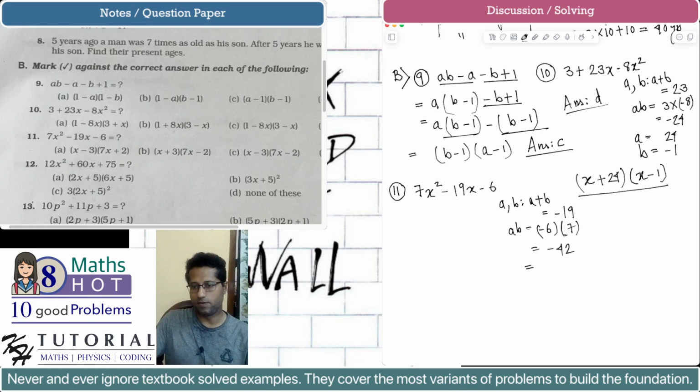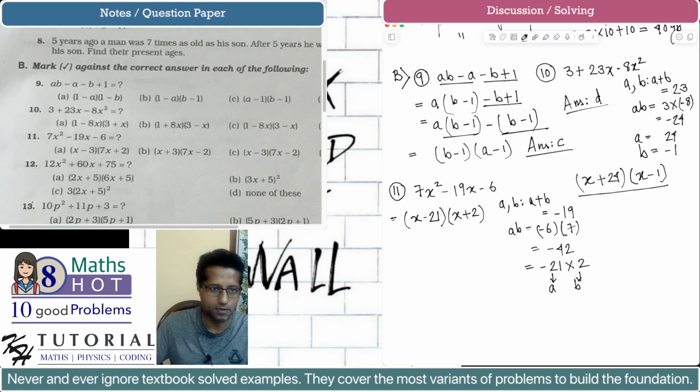Minus 42 can be written as minus 21 multiplied by 2. So we can say A as minus 21 and B as 2. So the factorization clearly will be x minus 21 multiplied by x plus 2.